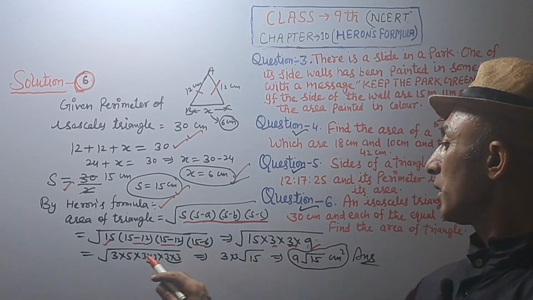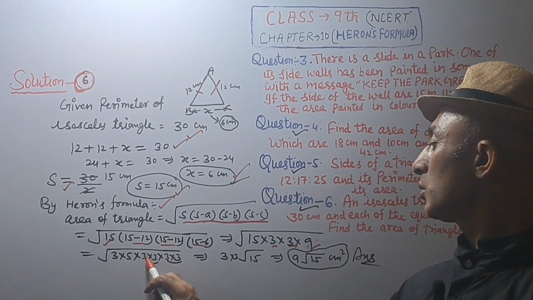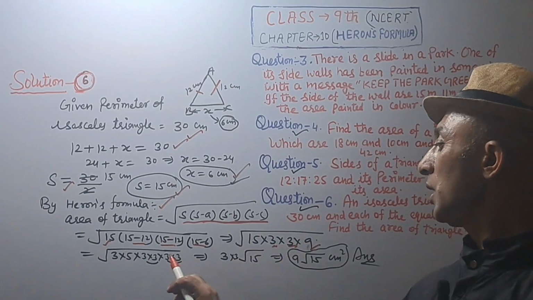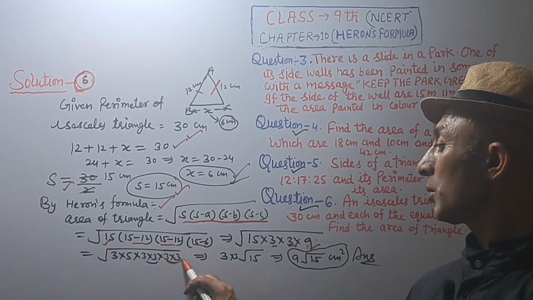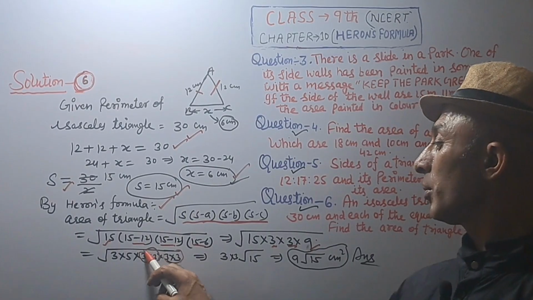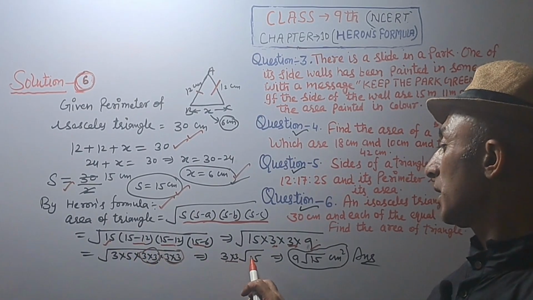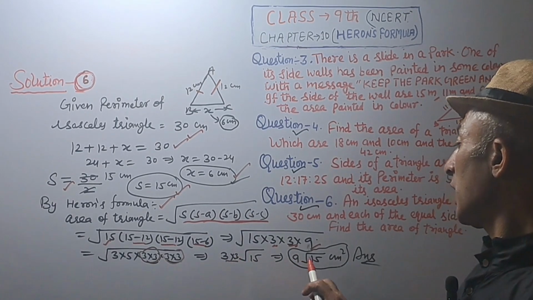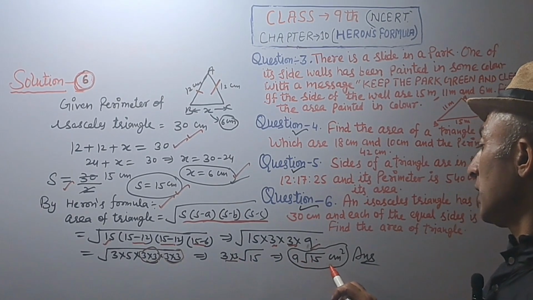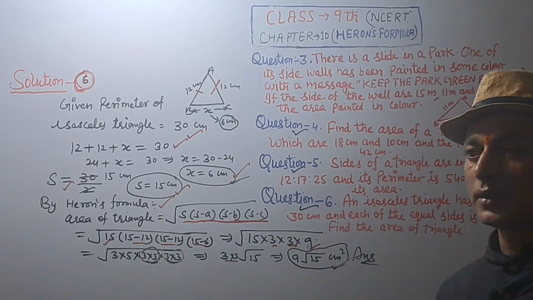And that is 15 equal to 3 multiplied by 5 into 3 into 3 into 9. One pair of 3 is taking common, that is 3 into 3, and in bracket 5 3s are 15. So we get 9, 3 3s are 9 under root 15 centimeter square. Answer. Thank you.